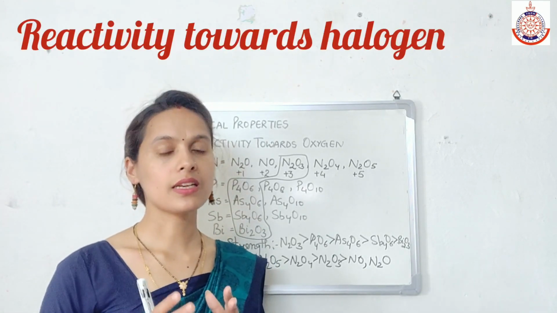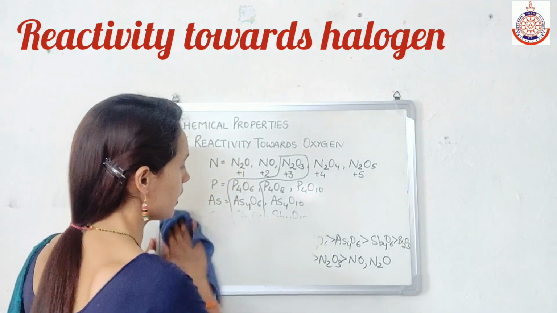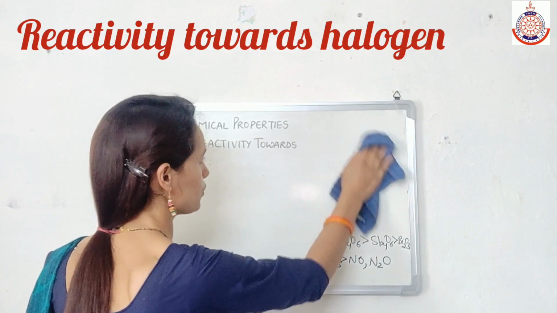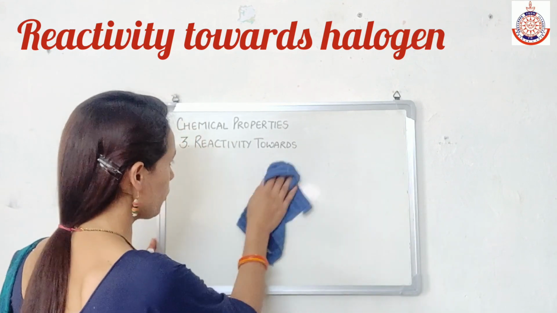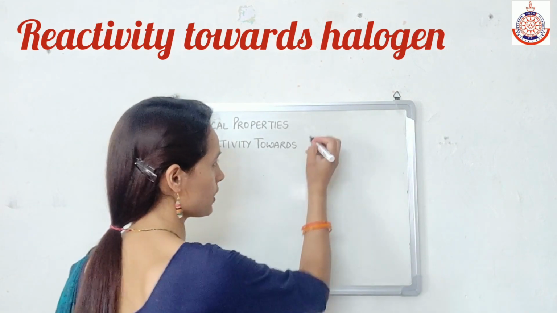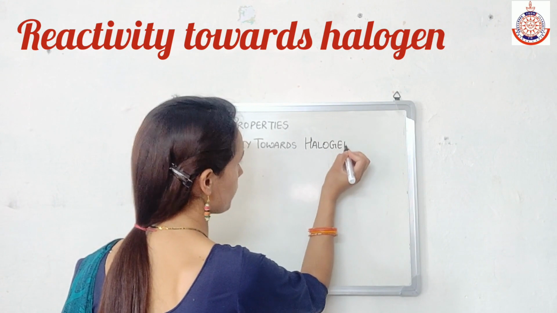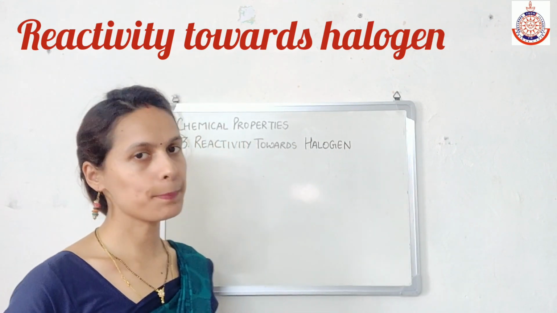Now we'll study the reactivity towards halogen. When the elements of 15th group react with halogen, they form two types of halides: trihalides and pentahalides.